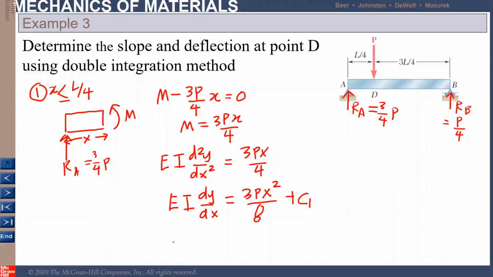And for the second integration, EIy is equal to 3Px³ over 24 plus c1x plus c2. So that is for the first region.